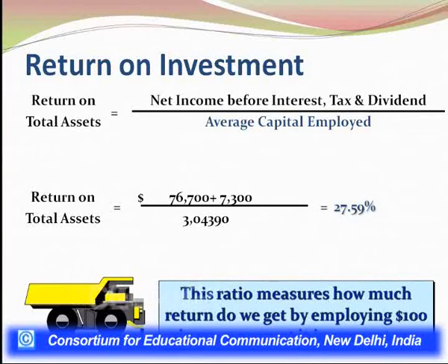So either way, here we have taken the average capital of 3,04,390. So the ratio comes out to be 27.59%, which is not bad, but there is no rule of thumb to compare this with.